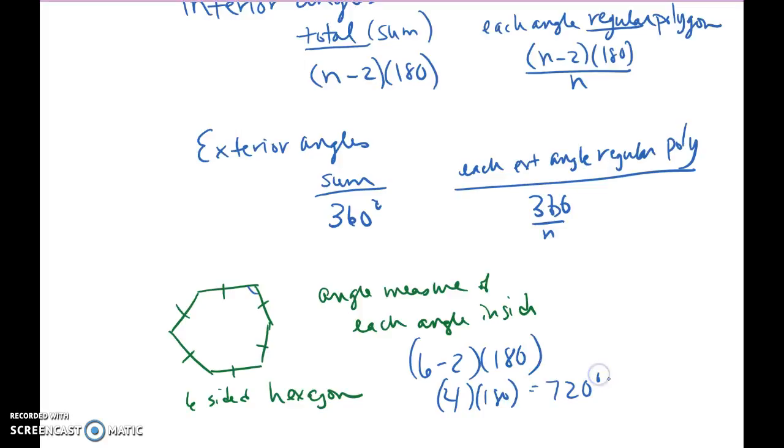So it's 720. Now 720 is the total if I were to add all of these little guys together. So what if I just want one of them? Well, that's what this formula is for. I just divide by 6, however many sides there were. So when I go to do that, I'm going to get 120. Okay, so there's one example.